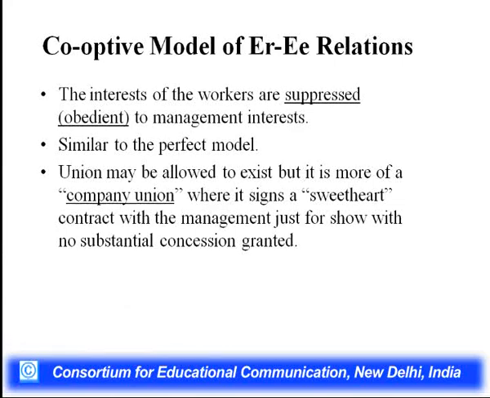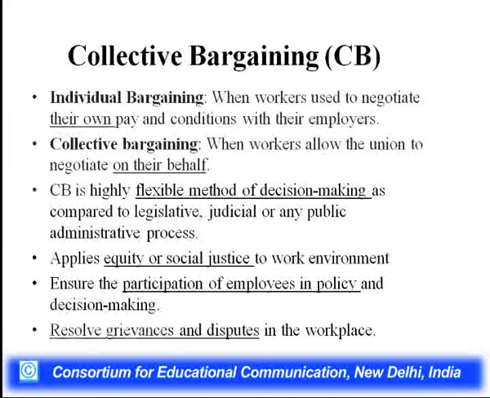Therefore these trade unions are favored by the organization, and they won't play the active role desired of them. Now one important area that needs to be discussed in detail is collective bargaining.